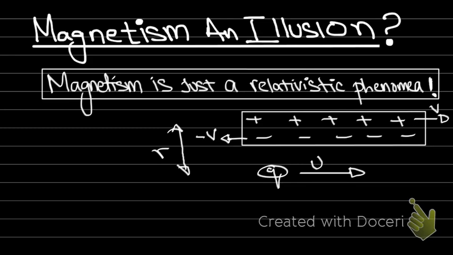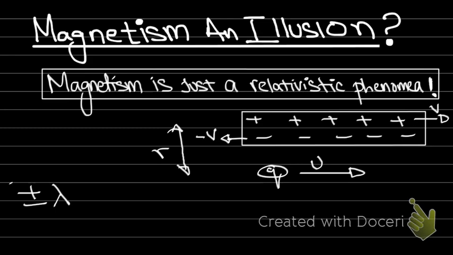Okay, so now we are also going to say that the charges are extremely close, so that we can think of them as continuous line charges with densities of plus and minus lambda.